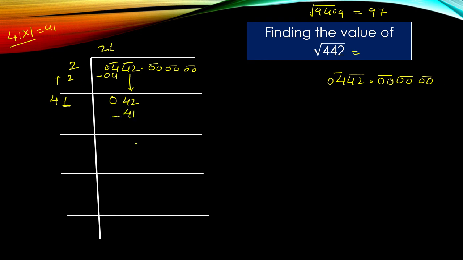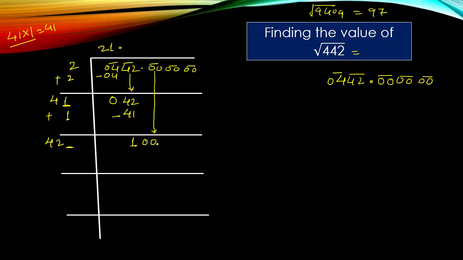Now the remainder is 1. Adding this 1 over here, we now get the sum 42. Keeping a place over here for a digit. Now we have to bring down a pair of zeros, but before that we put the decimal over here, and now bring down the first pair of zeros.